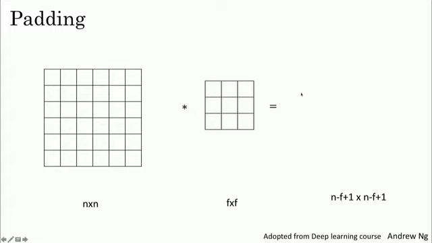The general formula for this sort of convolution is: if the input is n by n and the filter is f by f, then the output size will be n minus f plus 1 times n minus f plus 1. It means that the output size is smaller than the input size. So if you have multiple convolutional layers, your output will shrink at the end, and you're not able to have as many convolutional layers as you want.